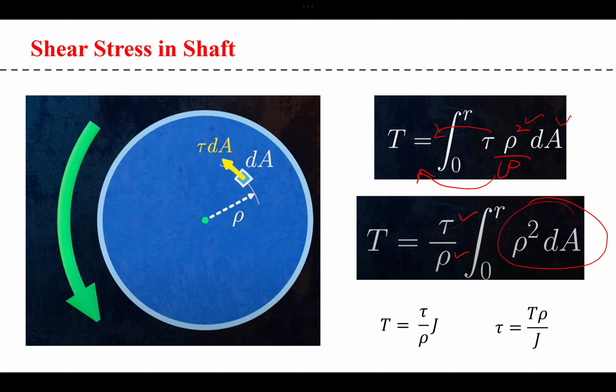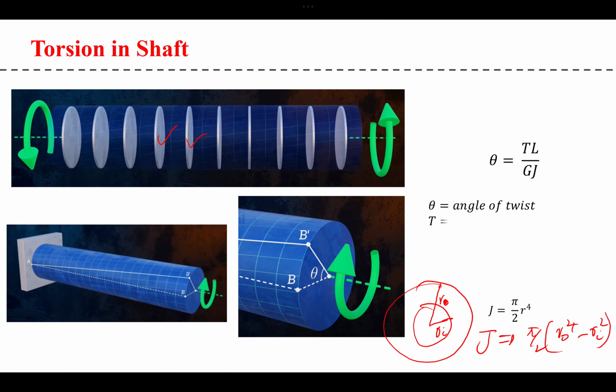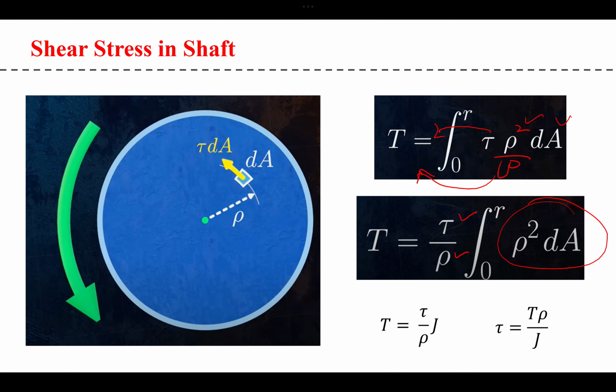This looks exactly like the polar moment of inertia right here, so you can replace this whole term with J. You will be left with tau divided by rho multiplied by J, and you can then rearrange this equation to find the shear stress applied at that certain cross section.